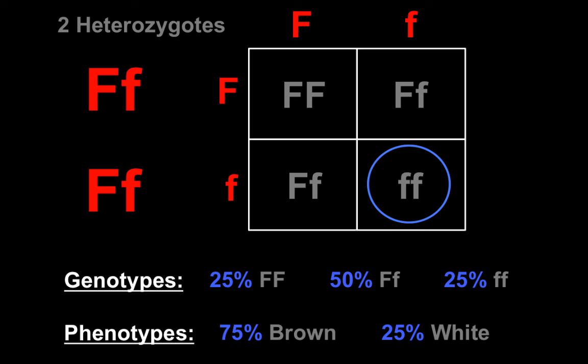Now, what's important to note here is that even though both parents were brown, they did create a white offspring. We see this sometimes with people where a kid that has red or blonde hair will have two parents with brown hair, and people say, well, how does that work?